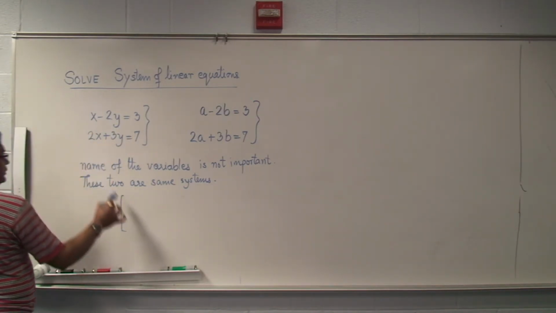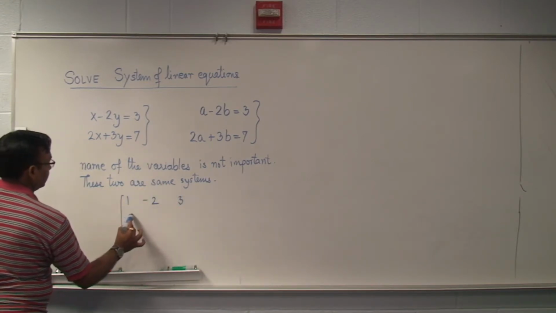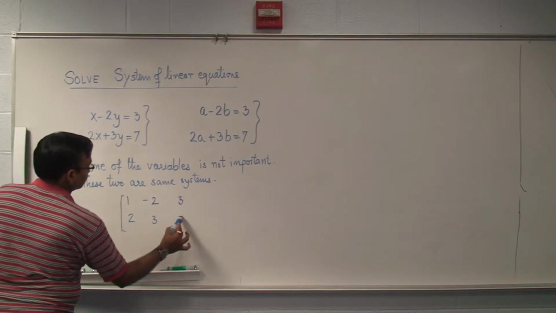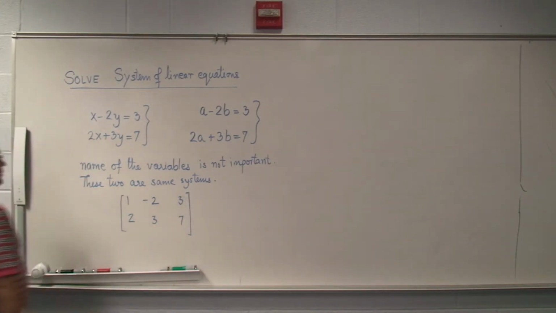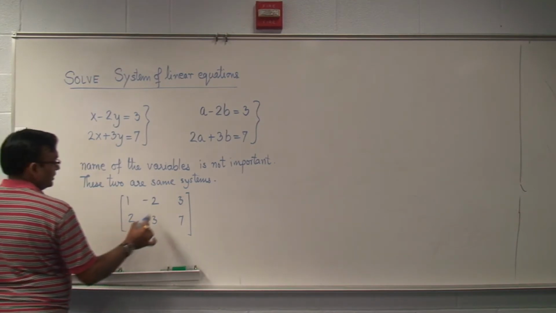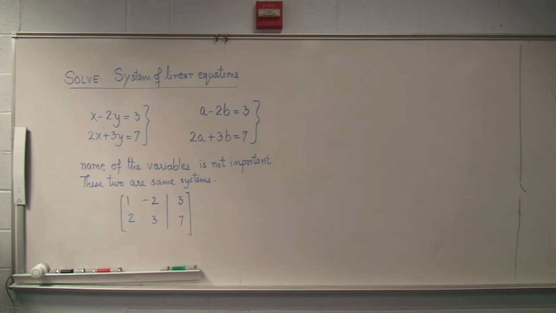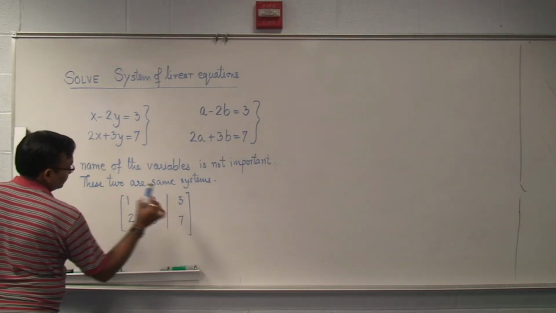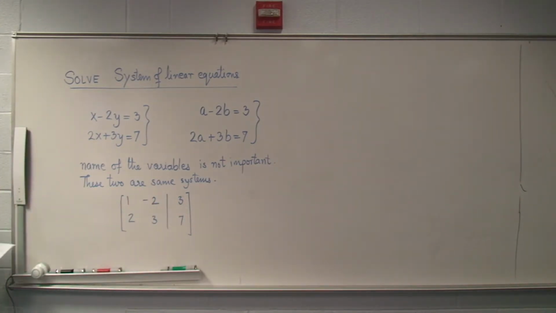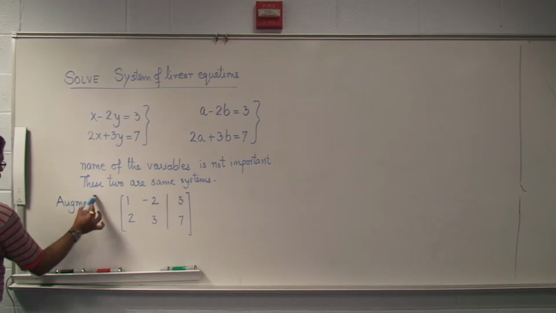So we isolate the coefficients and we will only play with these, so that we don't get mixed up with the variables or their names. We create a matrix of the coefficients over here, and let me put a bar over here. This bar basically tells that this is the left-hand side of the equation, that is the right-hand side of the equation, and we give this thing a name. We call this an augmented matrix.